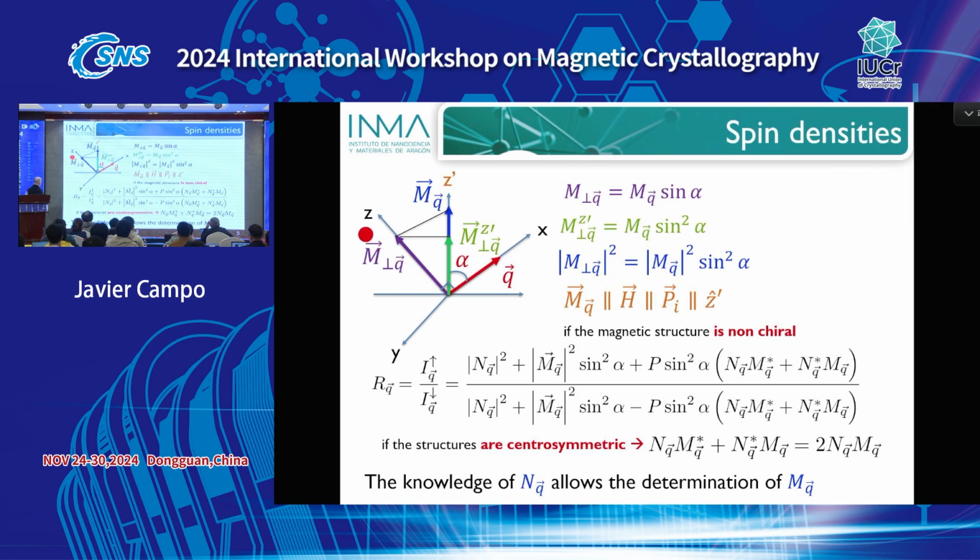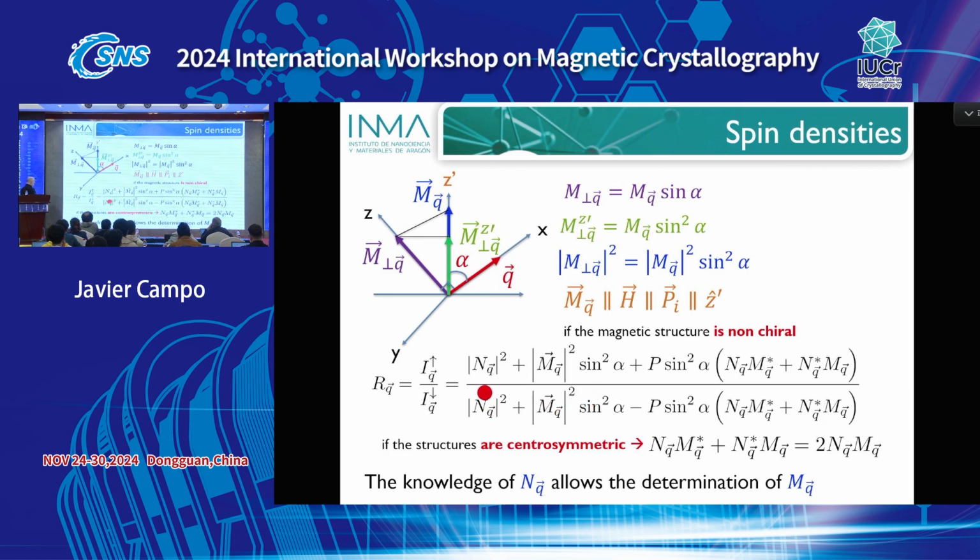That is the pink here. Okay? And this is M_Q sine alpha. Alpha is this angle. But what is entering in the equation here is the green. Then I need to project again to the blue one, and then it appears another sine alpha here. Okay? And then by using this, I put in the expression of the flipping ratio, and I will end up with this expression here.